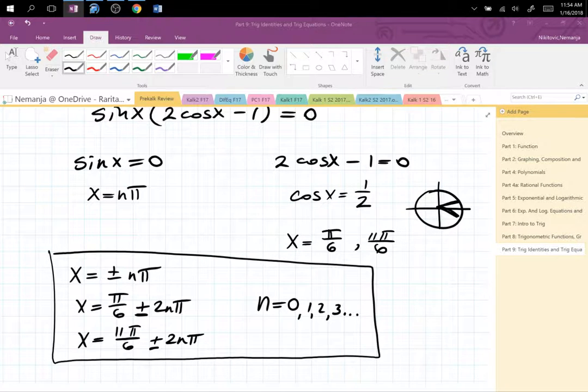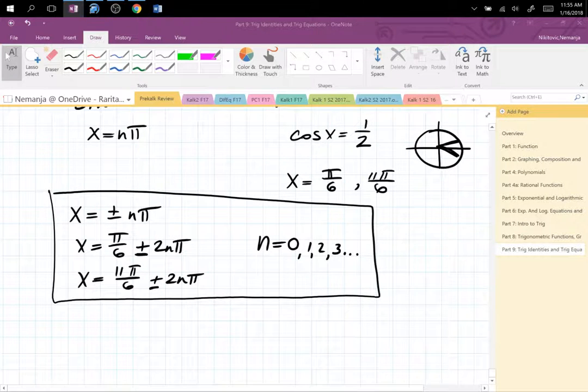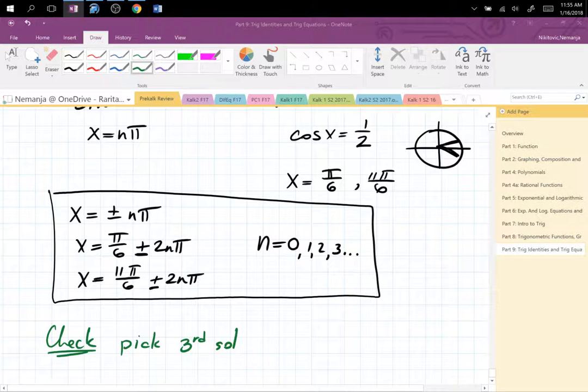You have two separate lines. You can actually check. You can pick a random solution. Let's pick, so check. Pick the third solution from x equals 11 pi over 6 plus minus 2n pi.